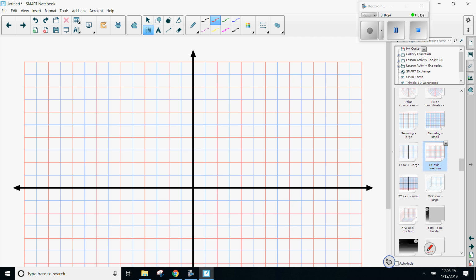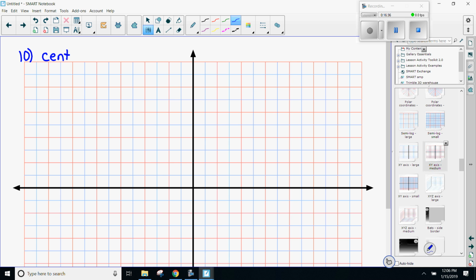I'm pulling up a graph for number 10 for a reason here. Number 10 says, oh boy. Okay, so we have the center of your circle is negative 13, negative 16.